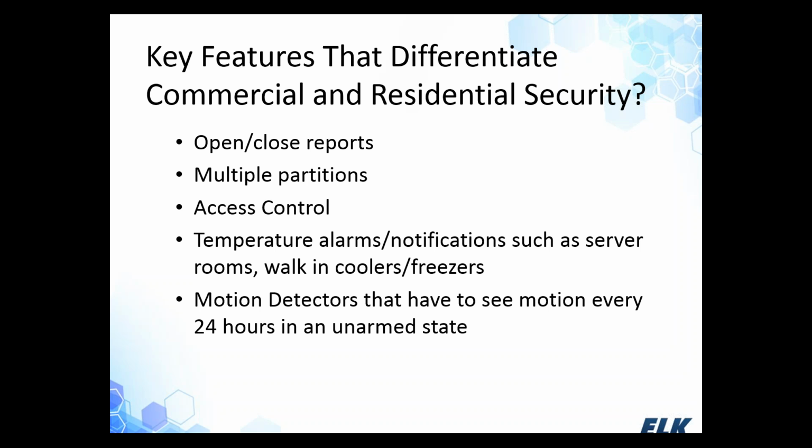So for a commercial application, perhaps a warehouse or something along those lines, just to keep somebody from accidentally or intentionally stacking boxes or product in front of a motion sensor, that motion would have to be tripped once within a 24-hour period, or the system's going to get alerted. It helps to defeat or compromise that particular zone.